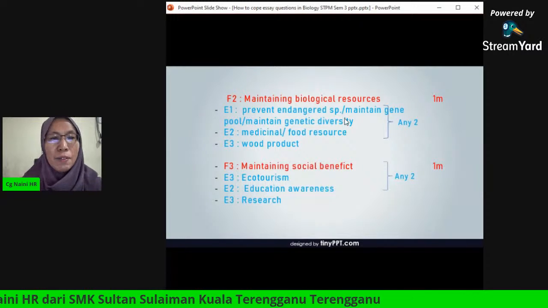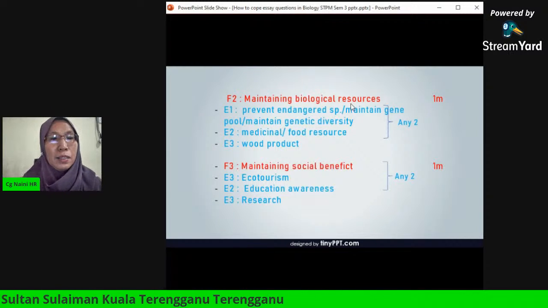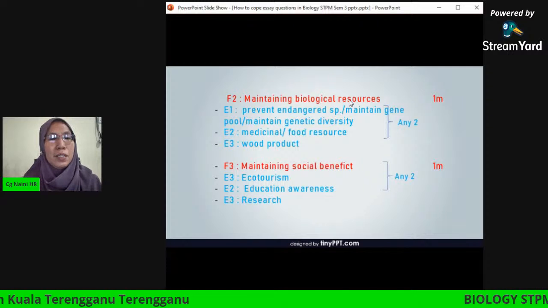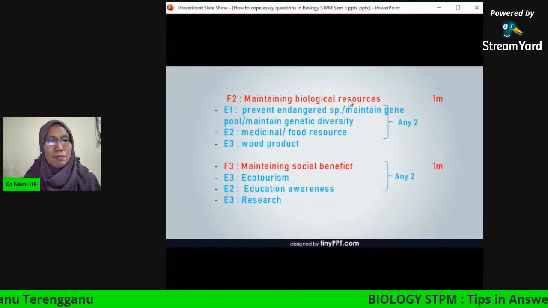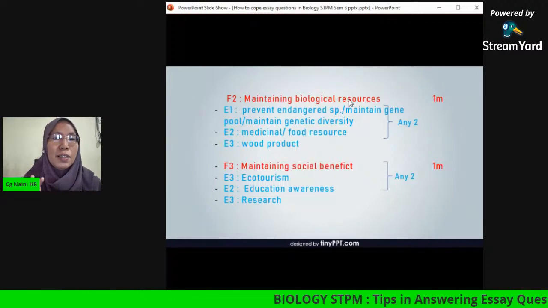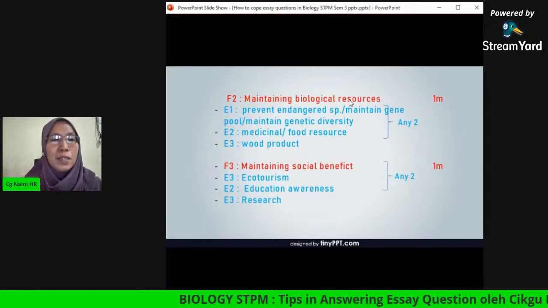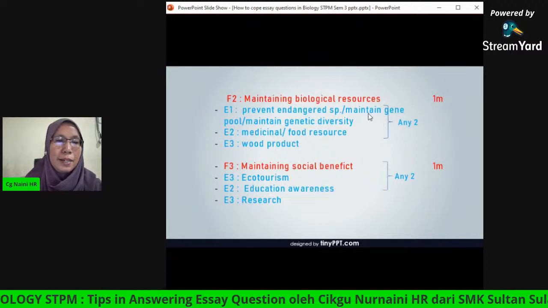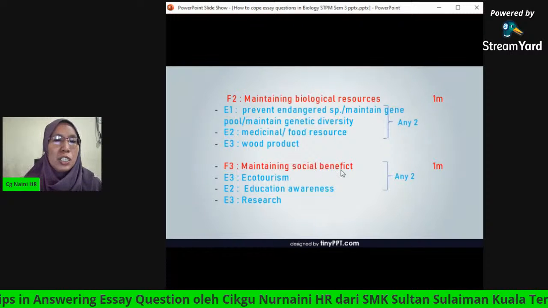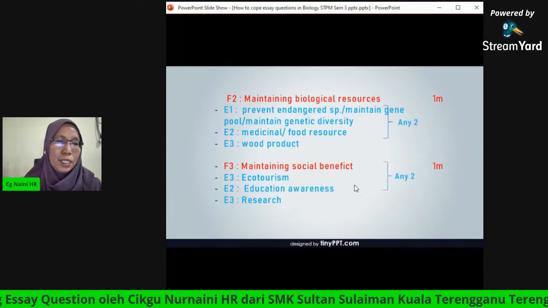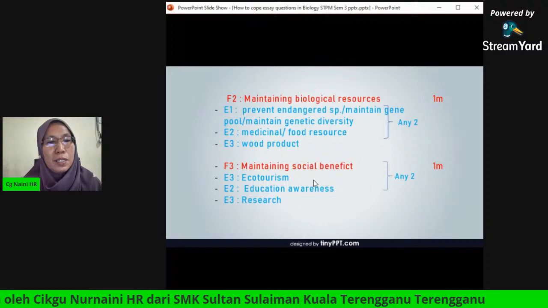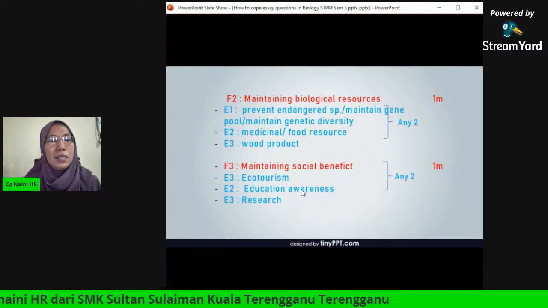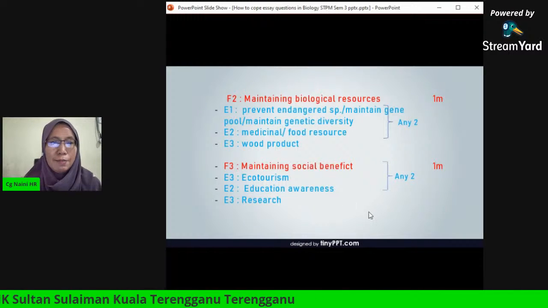So whatever the main point of importance, maintaining, and then the explanation, as a pair you can get a mark. Mesti idea yang berpasangan. Maintaining social benefit: the explanation is ecotourism, education awareness.